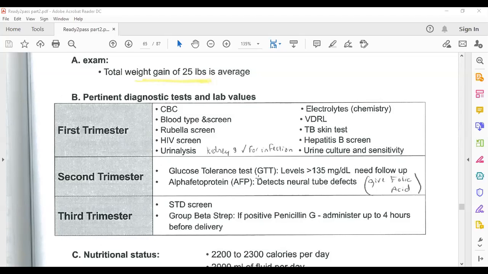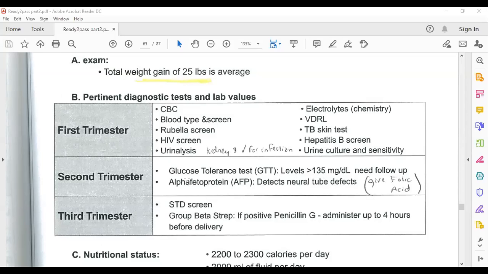If the result is more than 135 milligrams per dL, but some books say more than 140 milligrams per dL, it is indicated and the mother requires follow-up with a 3-hour glucose tolerance test, and fasting is required for the 3-hour test, right?